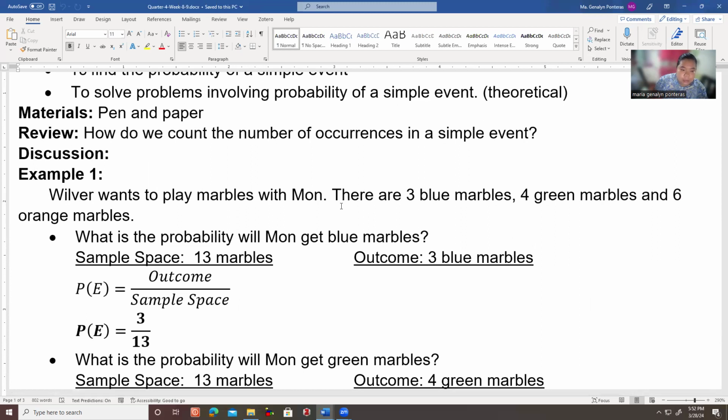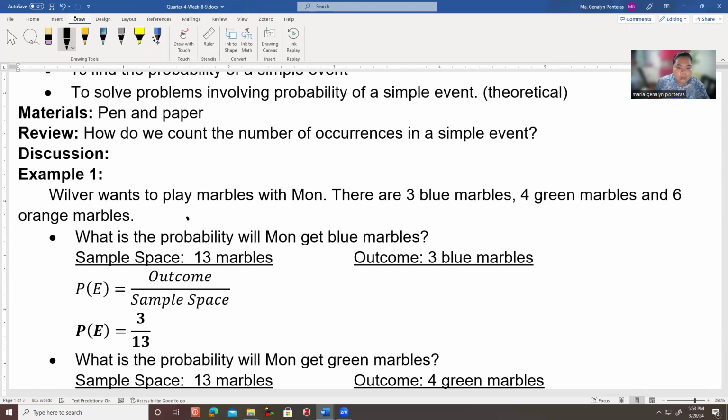What is the probability that Mon will get a blue marble? So our sample space is 13. How come the sample space is 13? You have 3 plus 4 plus 6 is 13. There are 13 marbles.